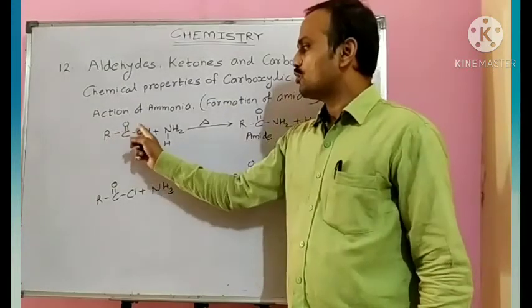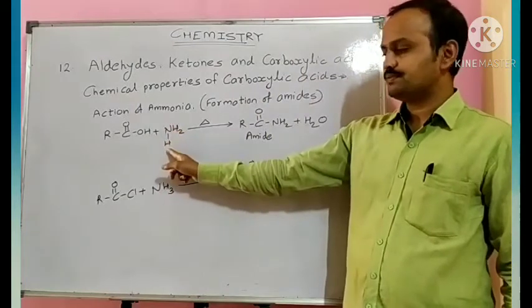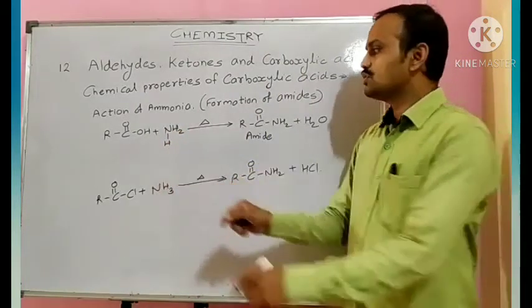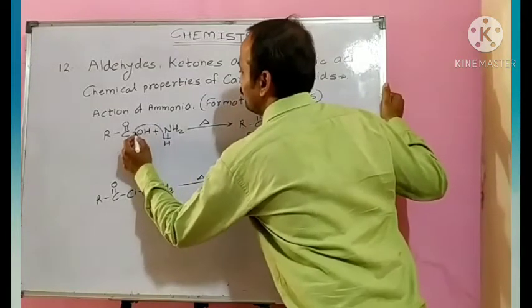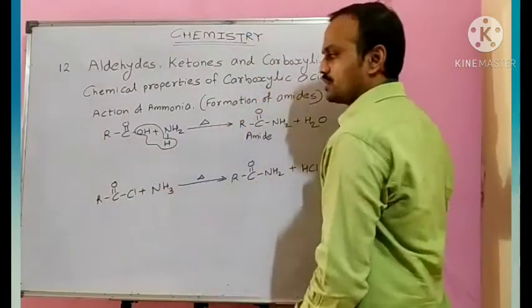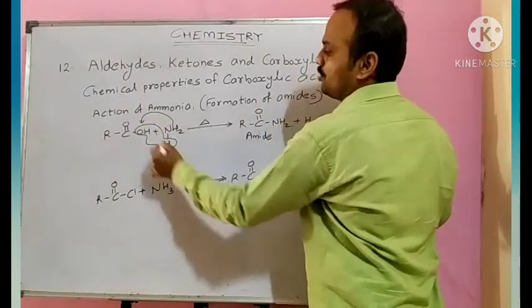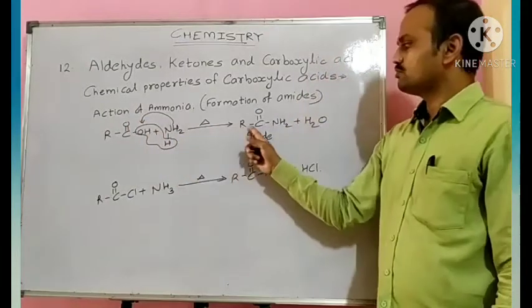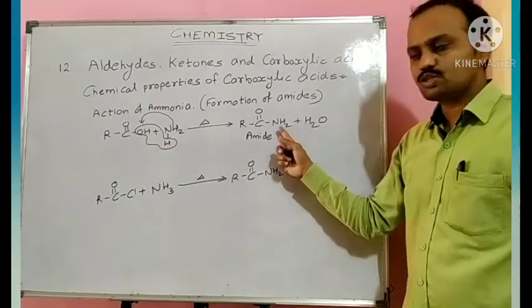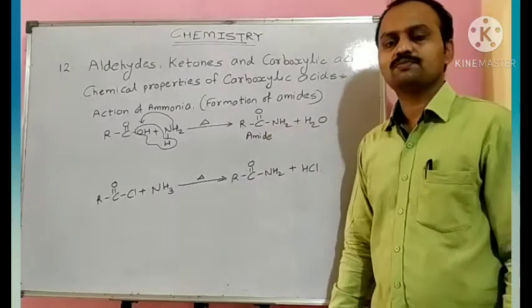RCOOH plus ammonia. Ammonia is NH3. So by removing H2O as byproduct and this NH2 goes on the place of OH, we get RCONH2, that is amide, and H2O is the byproduct.